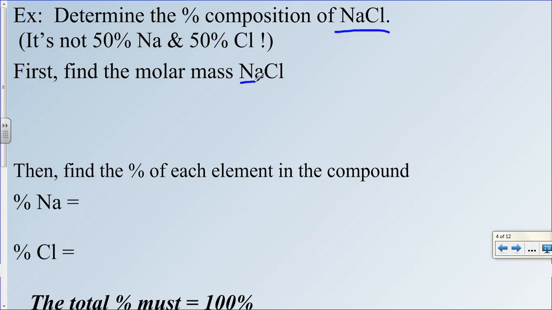So we are going to determine the molar mass, which you know how to do. There's one sodium, one chlorine. You write those down. We use our periodic table to look up the atomic mass, and we want to round to one place past the decimal. So sodium rounds to 23.0. Chlorine rounds to 35.5.